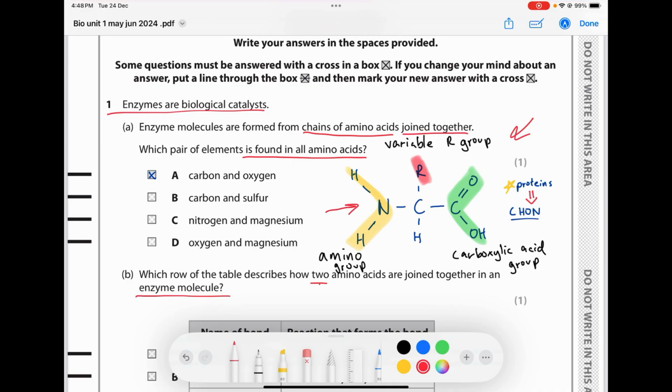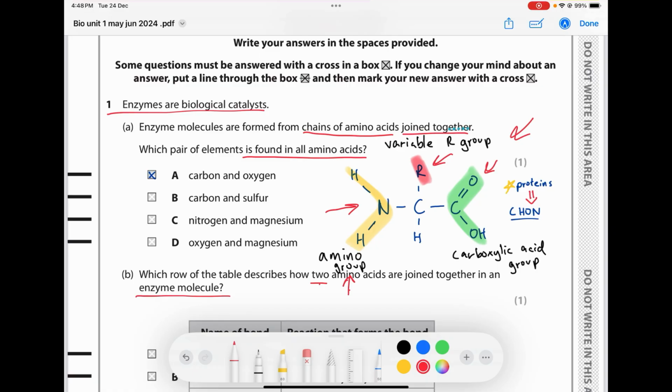Here we have the amino group, this is the variable R group, and over here we have the carboxylic acid group. So these are the components to it.